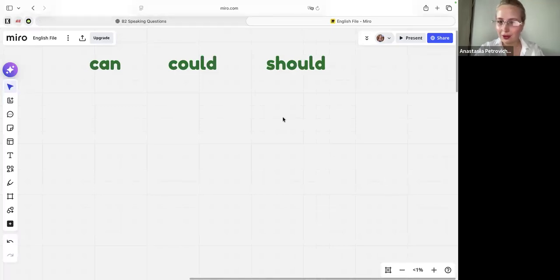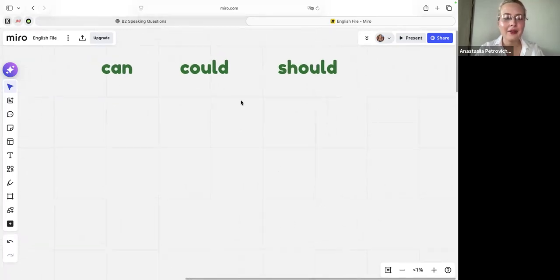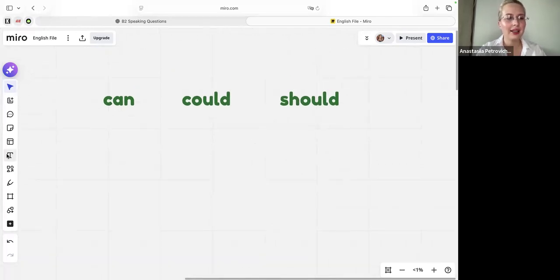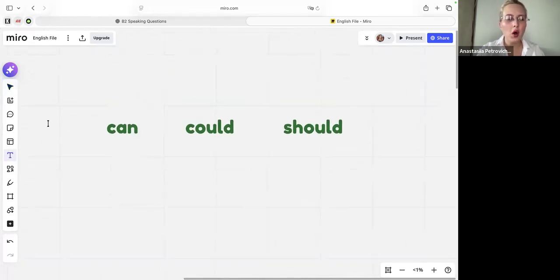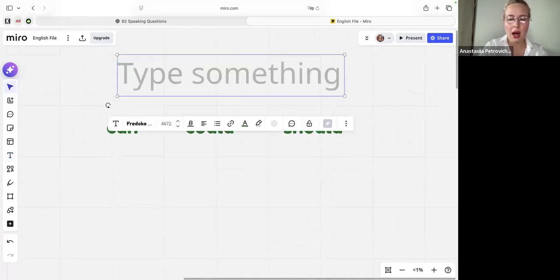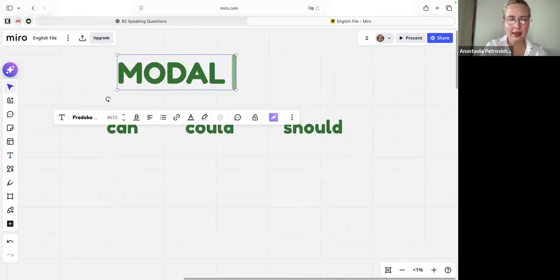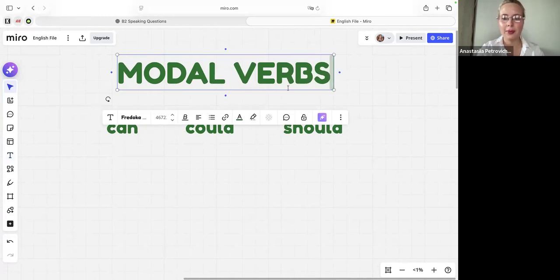These are not all modal verbs. We will add more as we write, but this is going to be the first three that we discussed. So let me write it here for you. Modal verbs. Why do I want to discuss them with you?